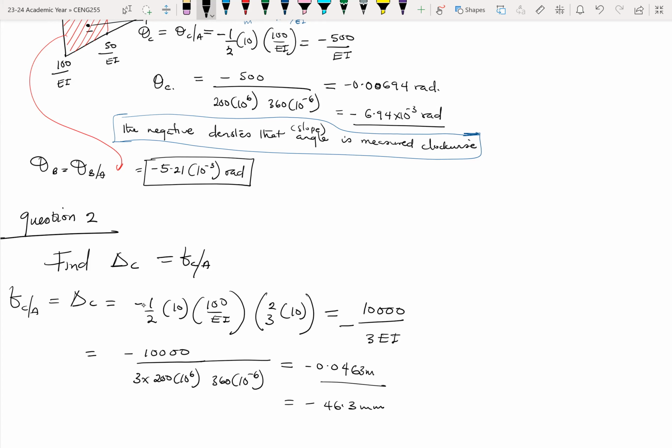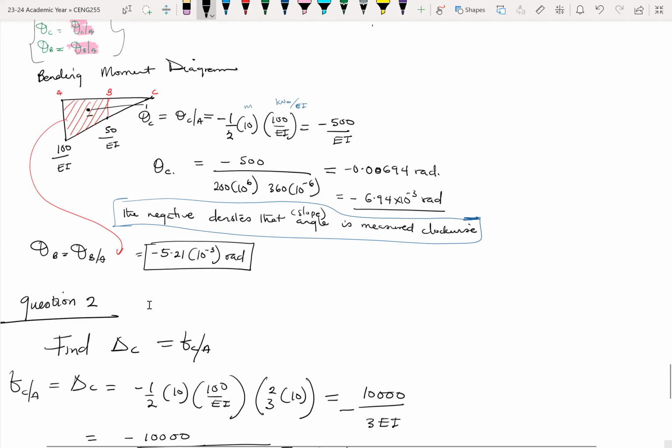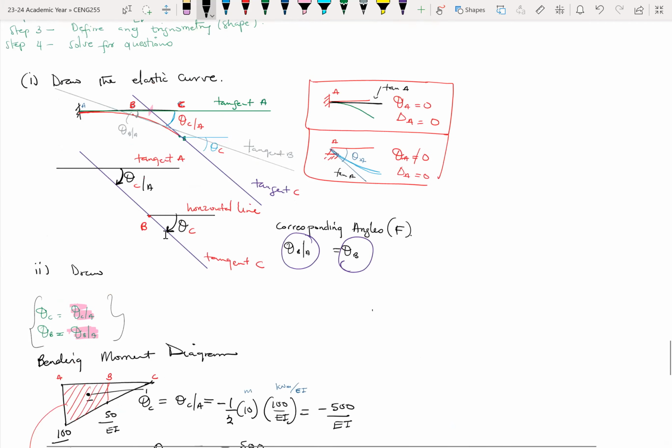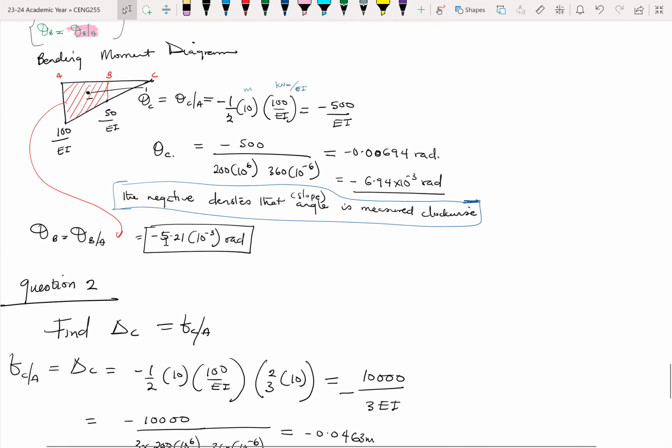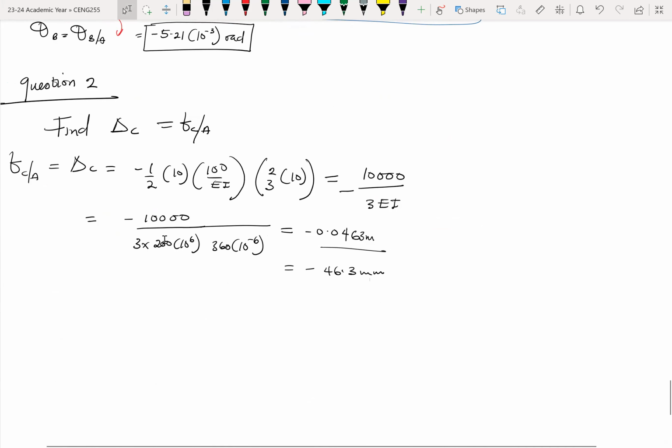Okay. Again, the negative here indicates that it's a downward deflection. Okay. If it's an upward deflection, it will be a positive value. Okay, because then you have a positive moment. Okay. So I think this is just something general with respect to how the moment area method works. Okay.